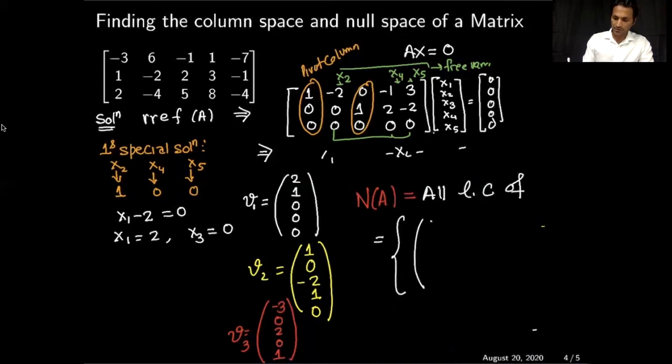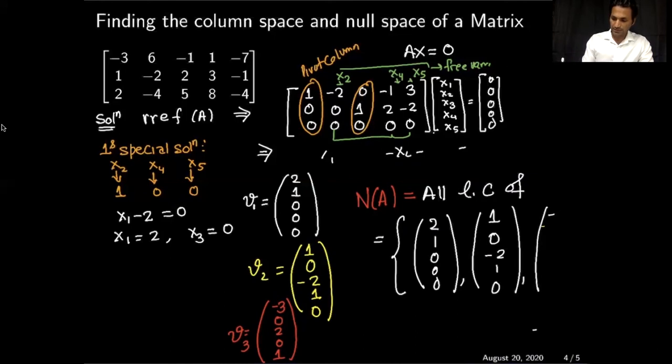The very first vector is 2, 1, 0, 0, 0, and then 1, 0, negative 2, 1, 0, and the last vector is negative 3, 0, 2, 0, 1. It contains three vectors, so it's a linear combination of three.